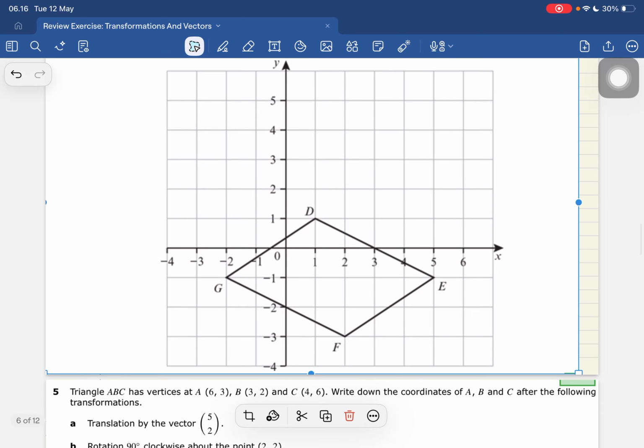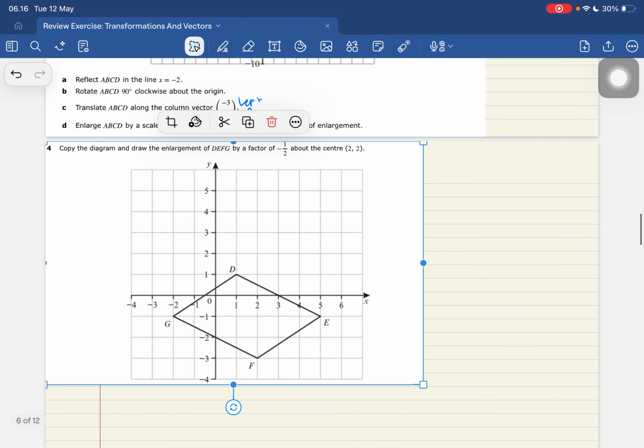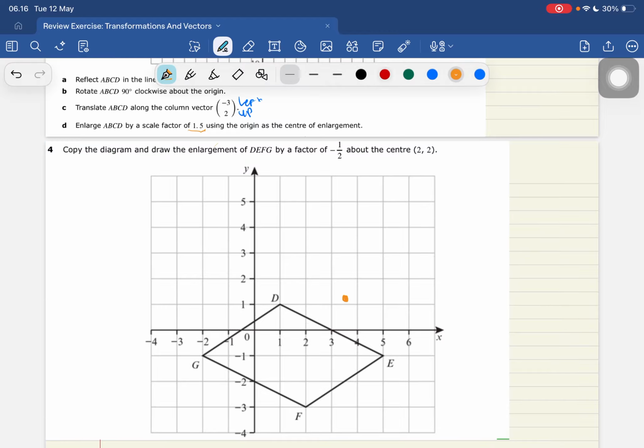So what is the question? Okay, we just need to draw it. So the scale factor is negative 1/2. Let me make it bigger again. The center is here, (2, 2).